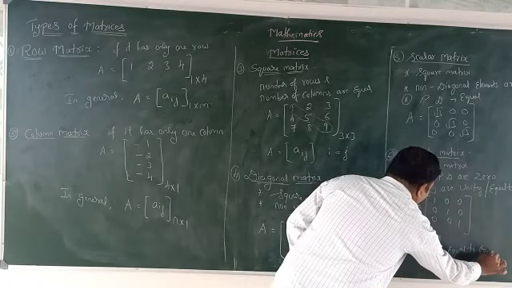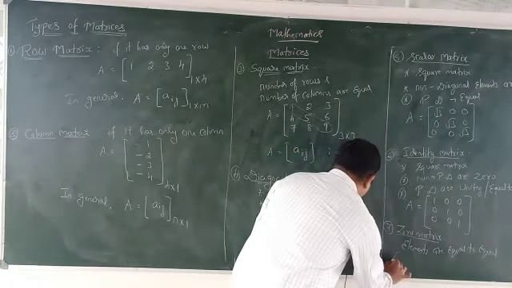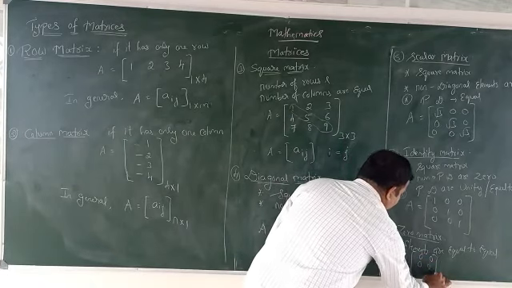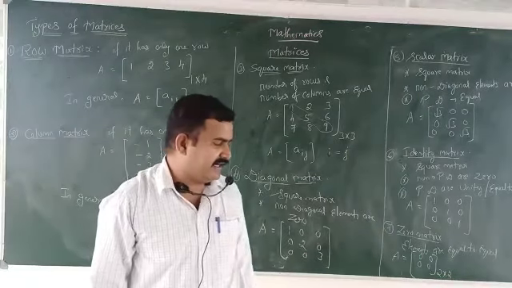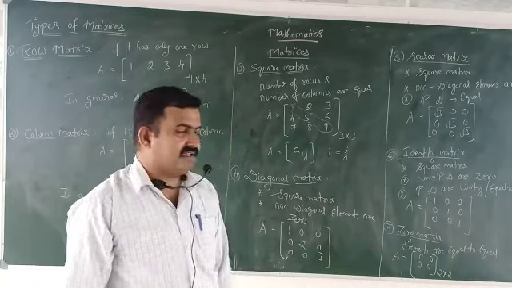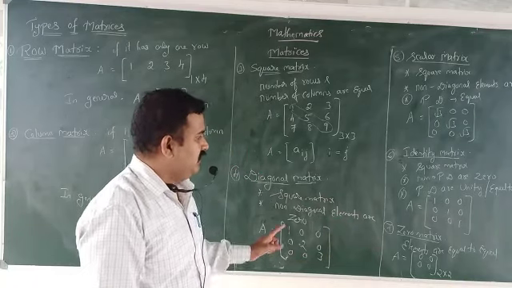It can be a 2 cross 2 matrix, or similarly you can write 0 0 0 for a 3 cross 3 matrix also. If all the elements in the matrix are equal to 0, then we call it the zero matrix.